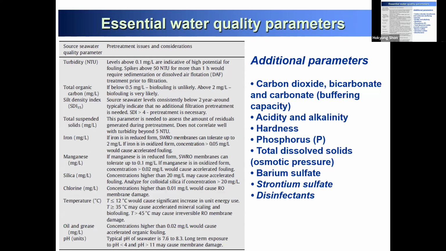So high temperature is recommended for higher flux. One degree will change your water flux by 2%, so 10 degrees is almost 20%. When you operate in winter time, your flux is maybe 10 to 20% lower than summertime. So when you design, you have to consider 4 seasons: summer, winter, autumn.